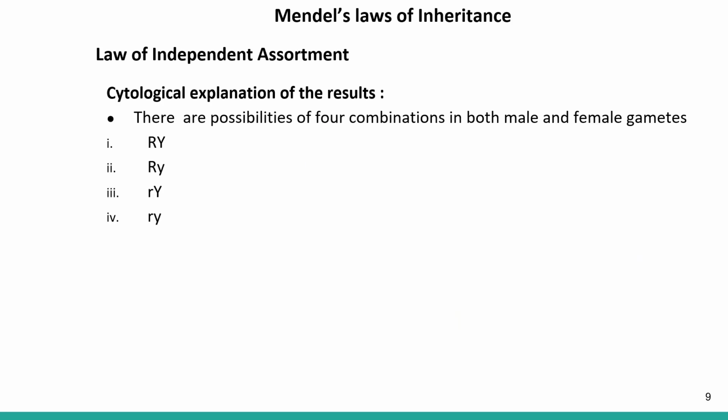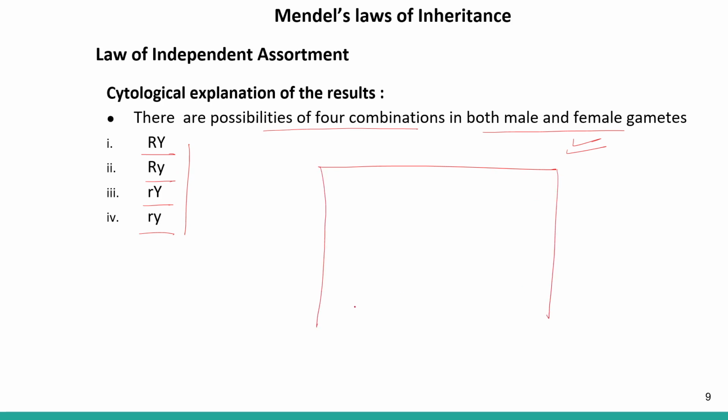So these are the possibilities of the four combinations in both male and female gametes. Male will have these types of gametes, as well as female. So we will have this checkerboard, the Punnett square, with the male plant and female.